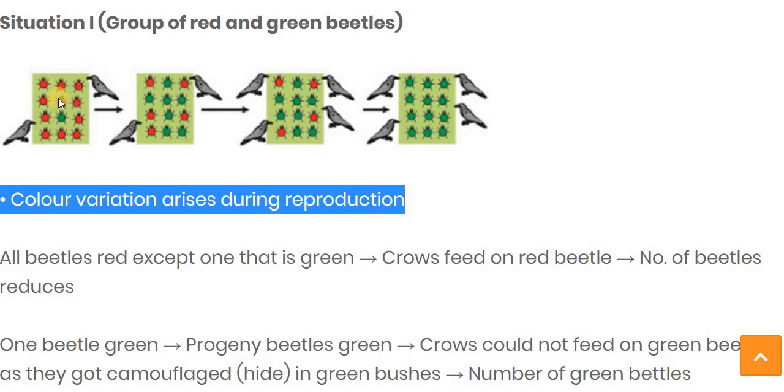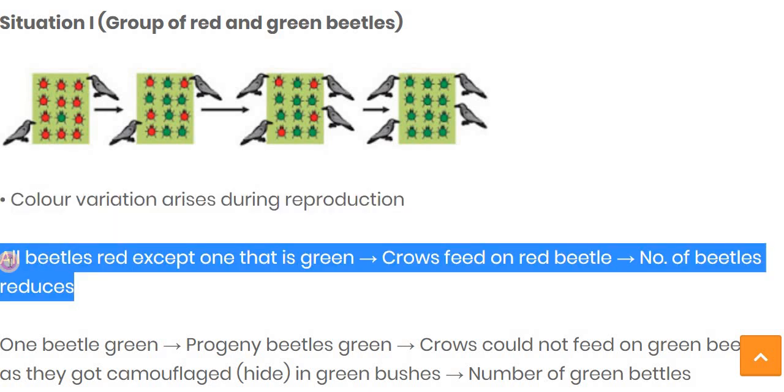How is this color changed from red to green? This color variation arises due to reproduction. All the beetles are red except one, which is green. Why does the color change to green? Because these beetles mainly feed on green plants, green leaves.